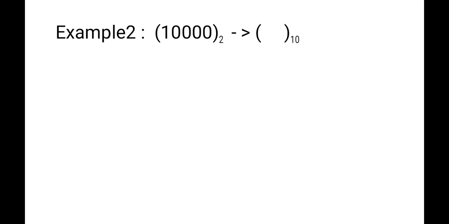Now children, in this example we have a binary number 10000. Outside of the parenthesis 2 is written, it shows it is a binary number. We have to find the decimal equivalent.